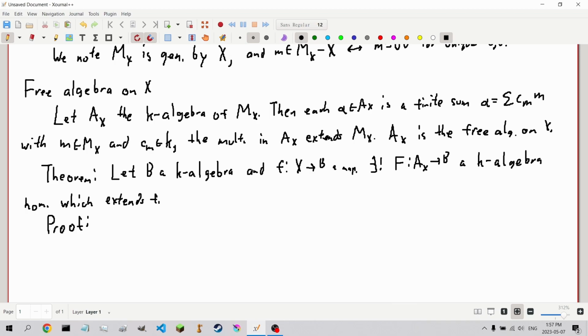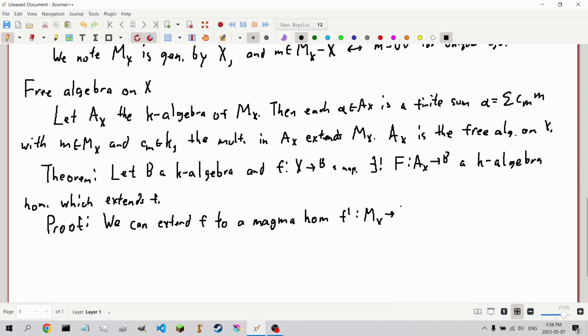Yeah, so every map from our X to B factors through the canonical injection from X to AX, and then our new F from AX to B. We saw before we can extend f to a magma homomorphism F prime from MX to B, which extends f.